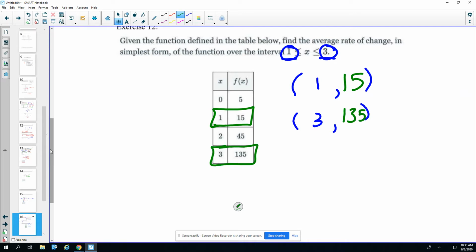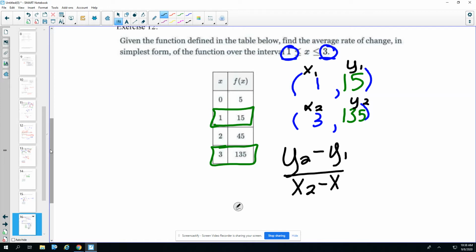Once I get here, I'm just going to do the slope formula. So I have y, and we'll label them. I do not take the time to do this usually, but just so we're clear. First x, first y. Second x, second y. So y2 minus y1 over x2 minus x1 is 135 minus 15 over 3 minus 1.